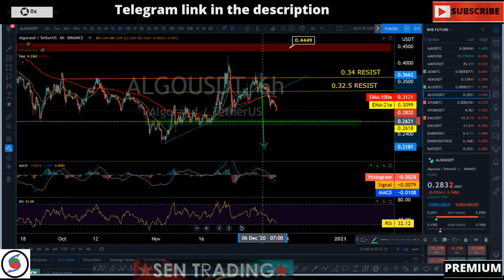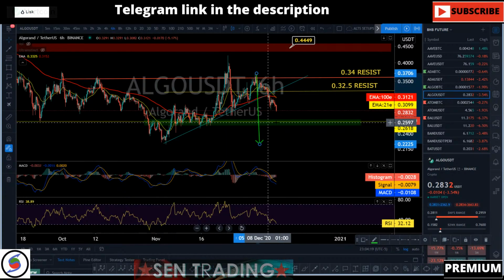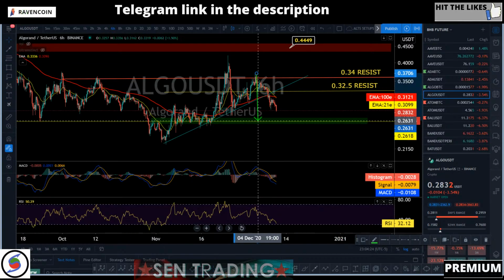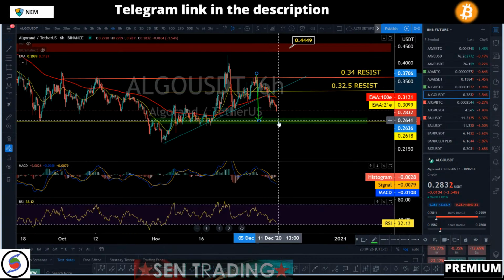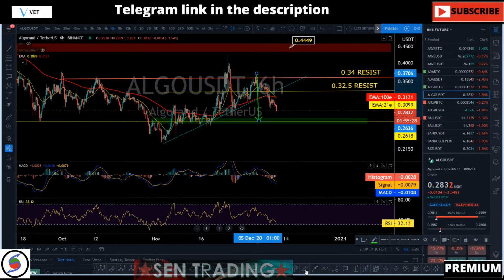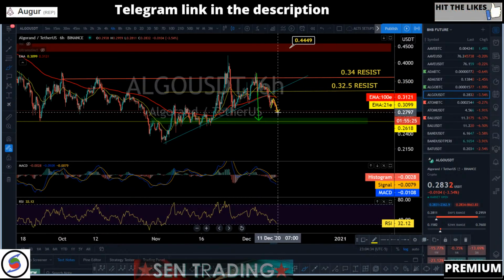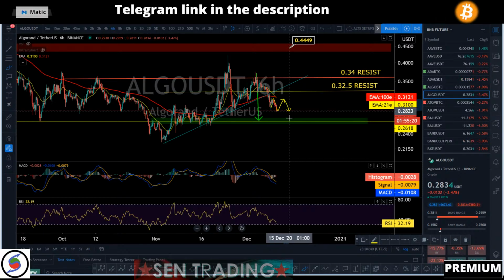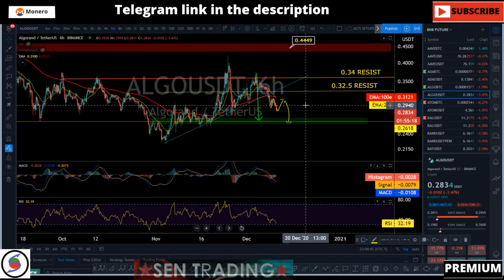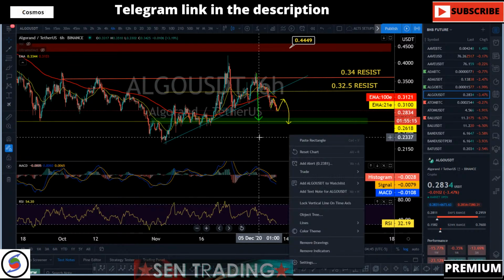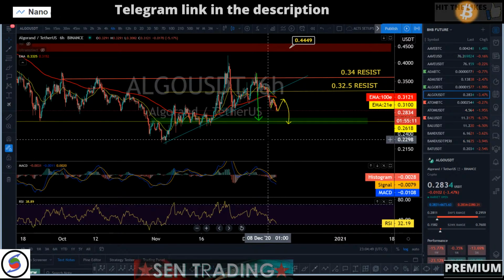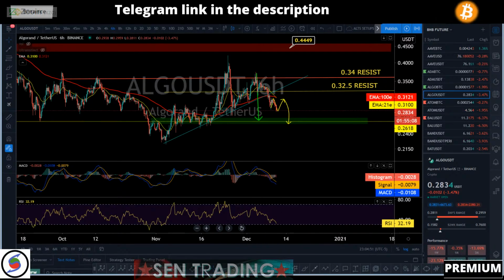That could be your ABC correction, 1-to-1 extension, going to take you right back down here. Temporary support I was projecting after we broke this key level is right there, just about 26. However, it doesn't mean you cannot get a flat correction right there, get another double top or lower lows, lower highs, and do this, right? So depending on what time frame you're looking at, the next good support is going to be 26, and the biggest support is going to be 23, 22.